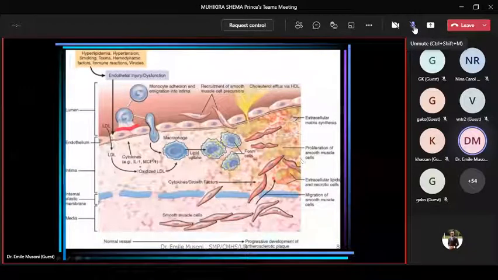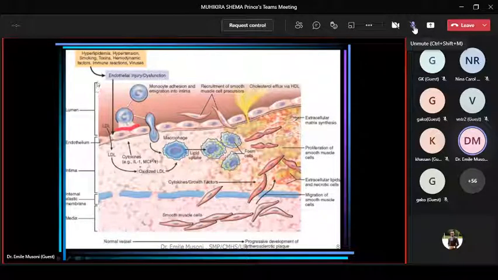And then here we see some migration of those smooth muscle cells from the blood vessel wall to the lumen of the blood vessel. And there will be some mediators like cytokines.